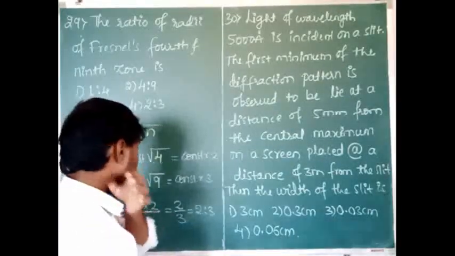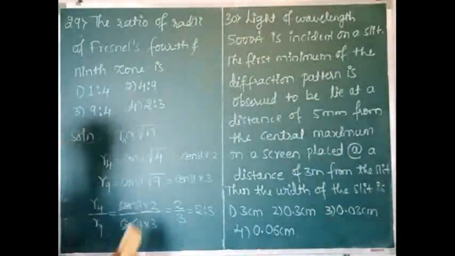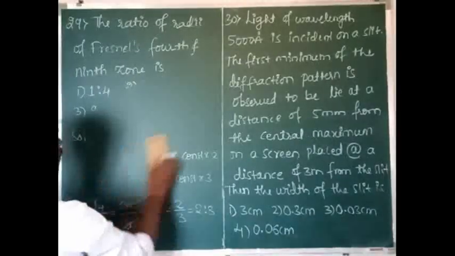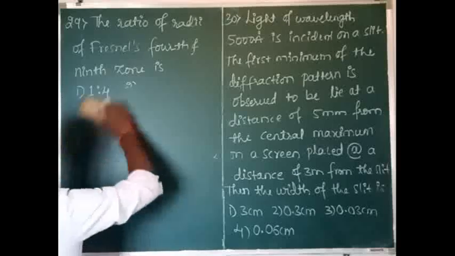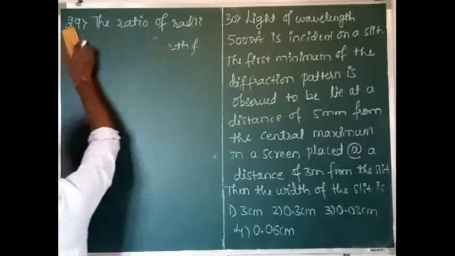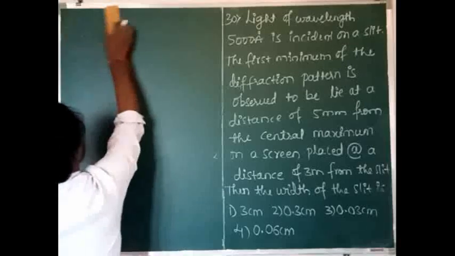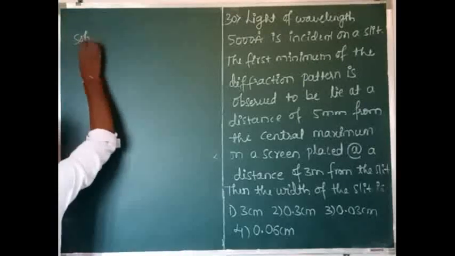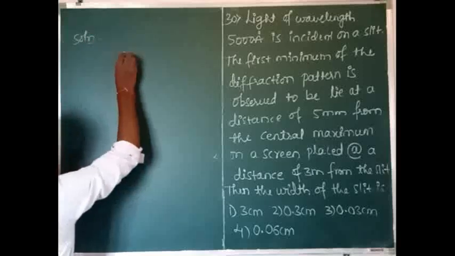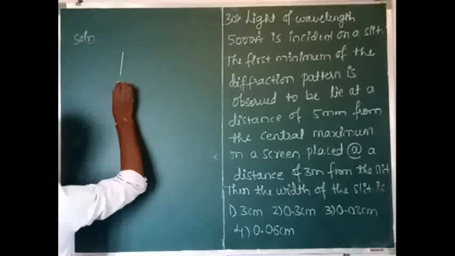So listen, according to the question I will draw the diagram here. It is nothing but diffraction at a single slit. Solution. Now let us consider it is a single slit.